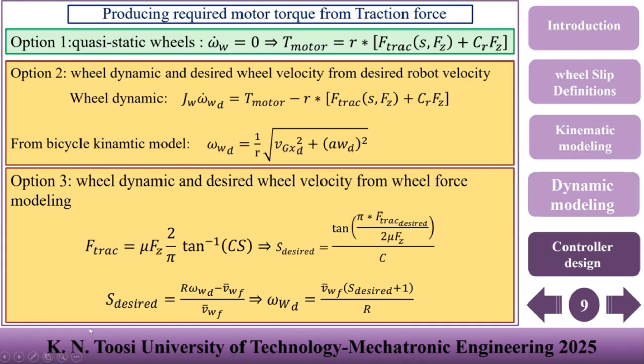Using that longitudinal force versus slip ratio model, like the magic formula, we can calculate the desired slip ratio based on the traction force output from the controller. Here I have a simpler model for that force with the tangent inverse function, and with this modeling I can calculate the desired slip ratio from that desired traction force. Then, with the slip ratio relationship, I can calculate our desired wheel rotational velocity here.